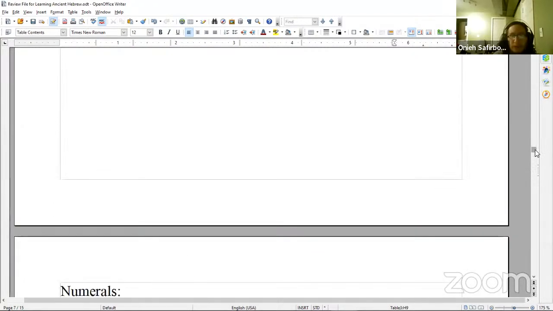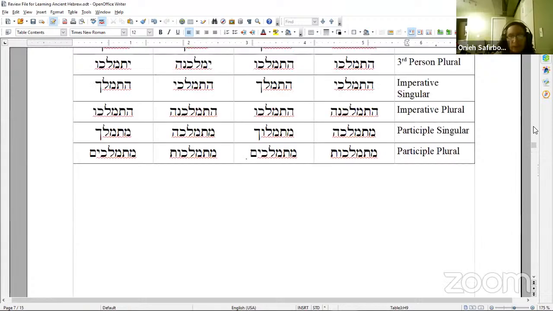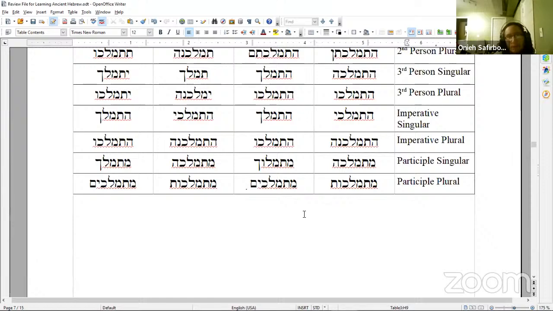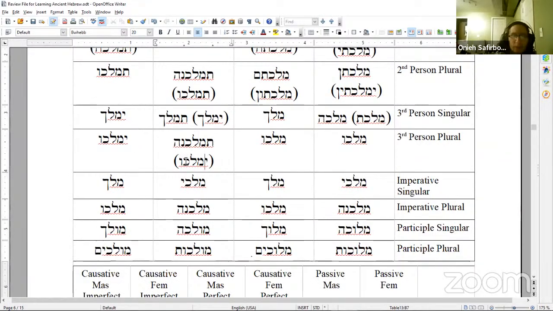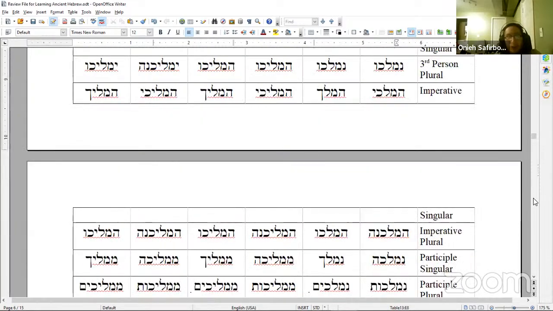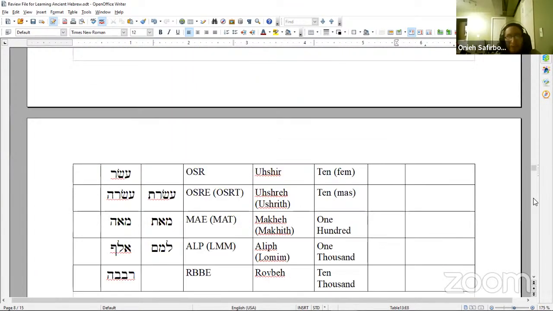Now, we have, you can see the form yod and the masculine and feminine ending are the exception to this, where their forms don't correspond with the pronoun.